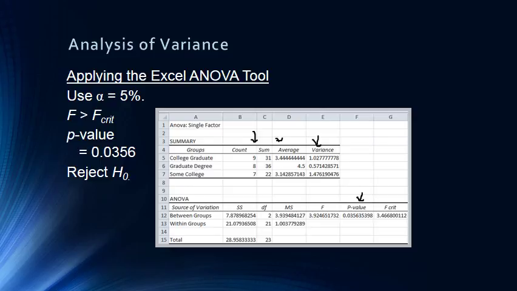Using alpha as 5%, we get a p-value of 0.356. Once the p-value is less than or greater than or equal to alpha, you can make your decision. In this case, the p-value is equal to 0.356, which is greater than 0.05, so we fail to reject the null hypothesis.